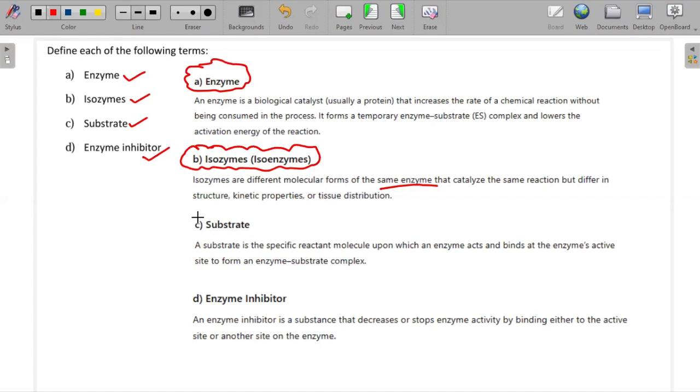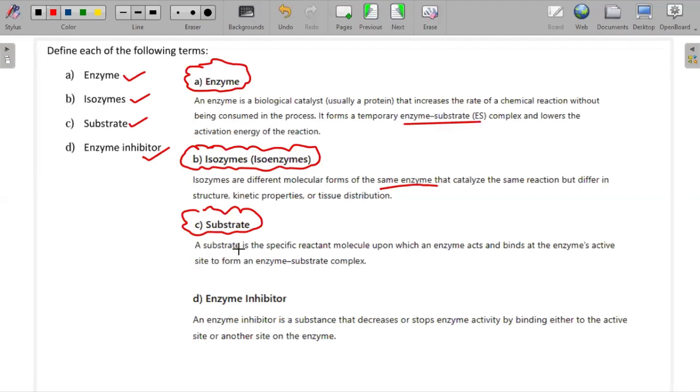Okay, and then moving on to define what the substrate is. This one is very simple. A substrate is a specific reactant molecule upon which an enzyme acts. When the enzyme acts on that particular molecule, this substrate will bind at the enzyme's active site to form the enzyme substrate complex.